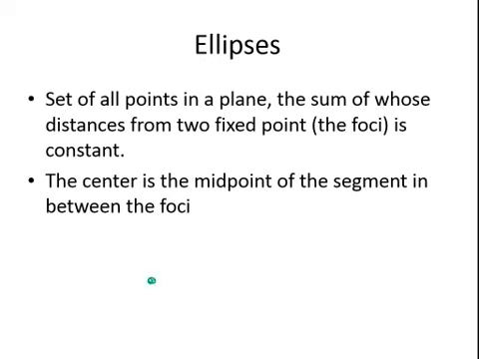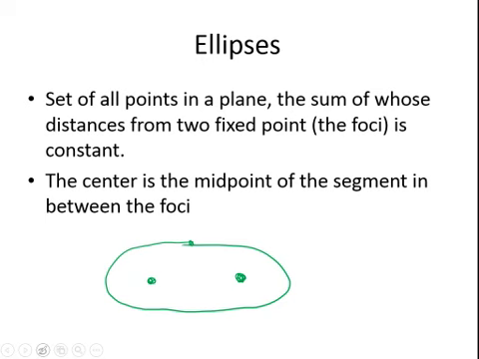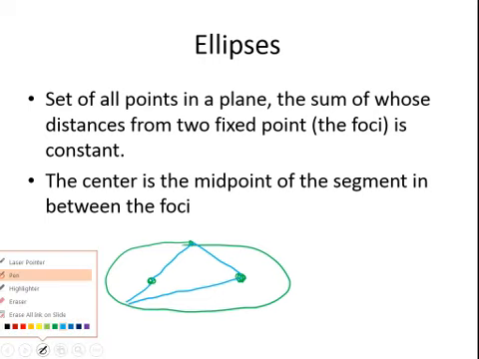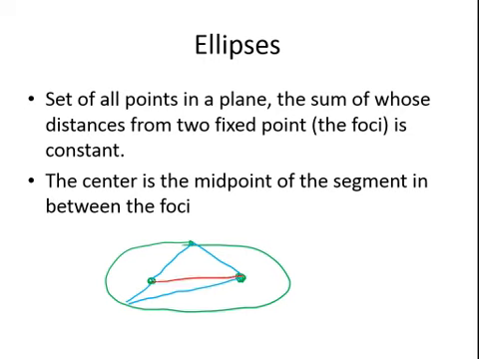So if I take two points here and here, and I find a point that's fixed, say here, say I draw an ellipse around this. If this was a perfect ellipse, the distance from this to that point and there is going to be the same as if I went from here to here, and the same if I went from here to there.